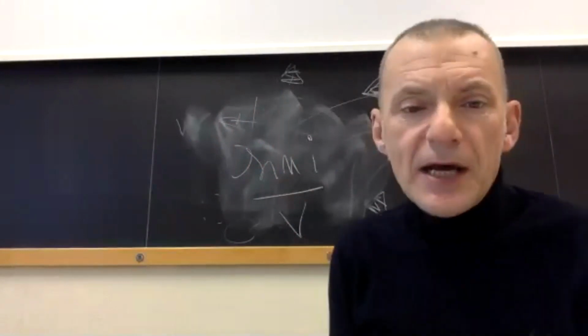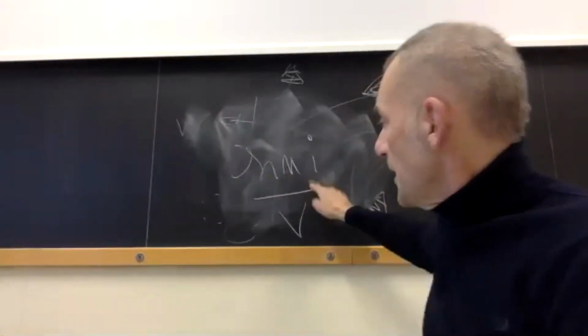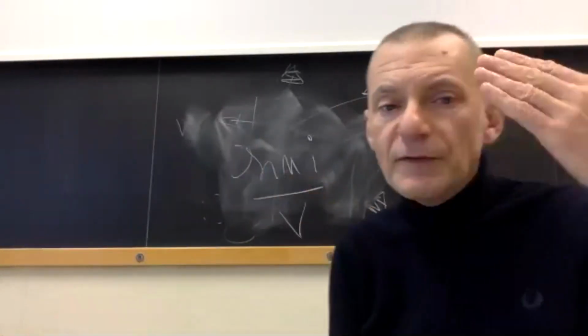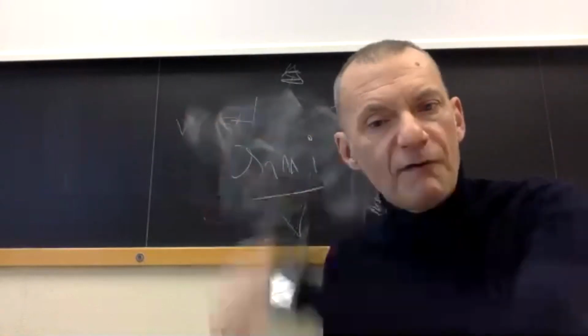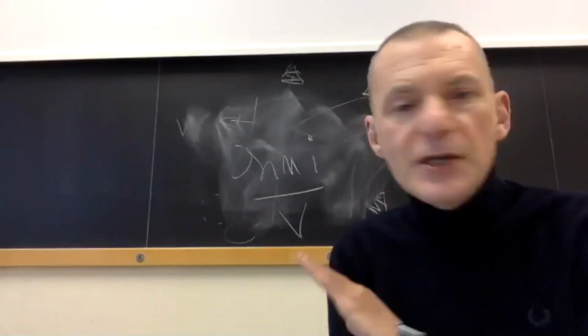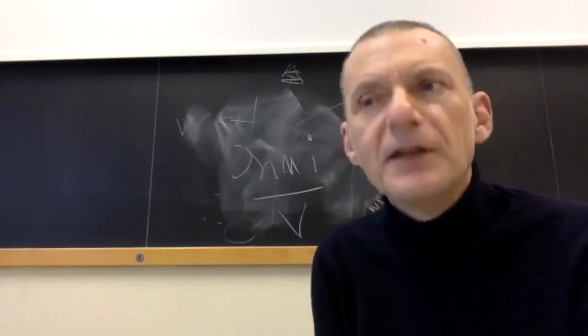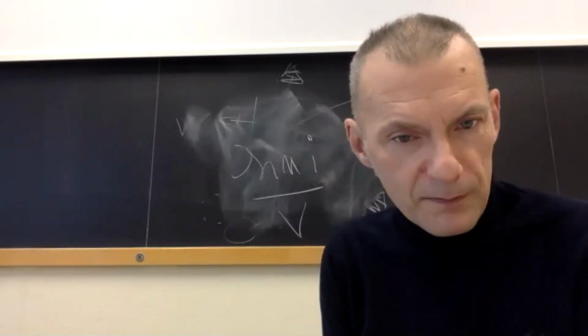Snell's law is telling us that whatever trajectory a ray is doing, it has to obey this law here, that the ratio between the sine of the incidence angle over velocity has to be constant. This is valid in flat geometry.